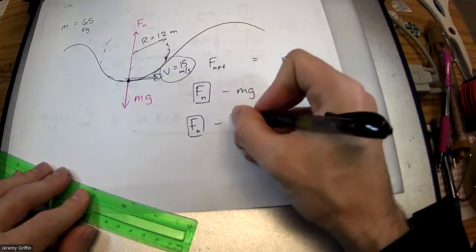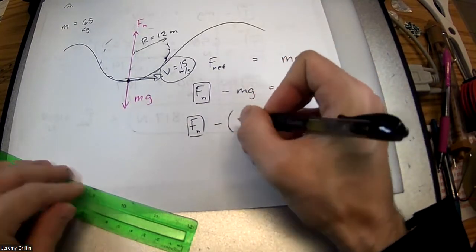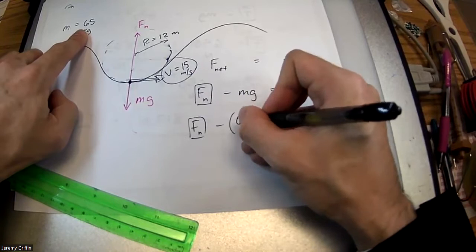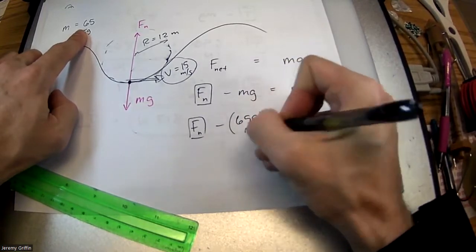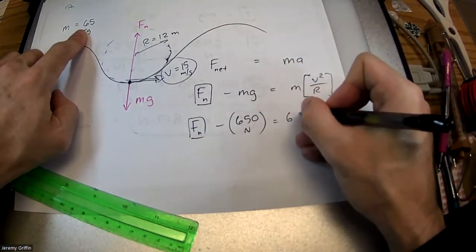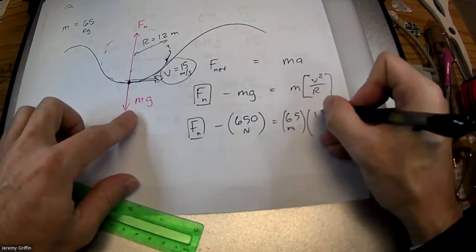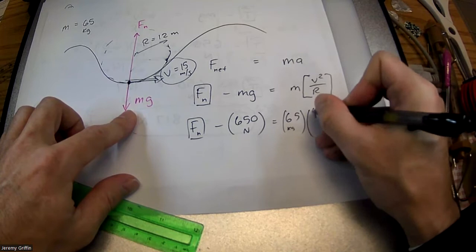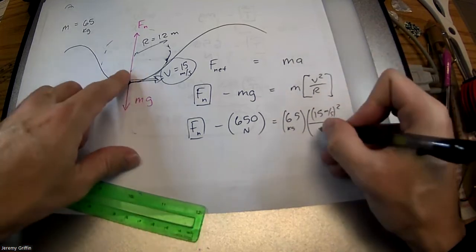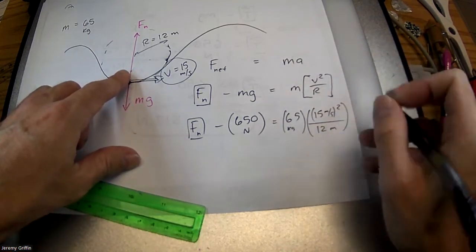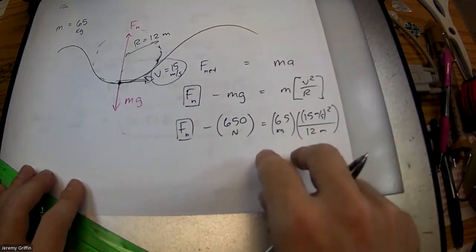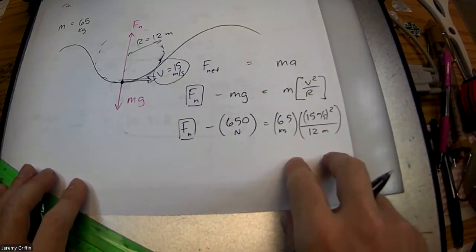So mg is going to come out to like this many newtons, or pretty close to. I've got this many kilograms, this many meters per second, then I'm squaring, and then divide by the radius of curvature in meters. So I've got all base SI units. Oh, yeah, go ahead.